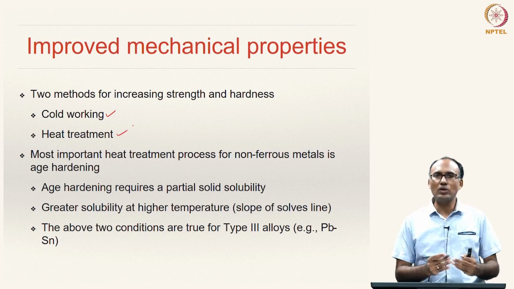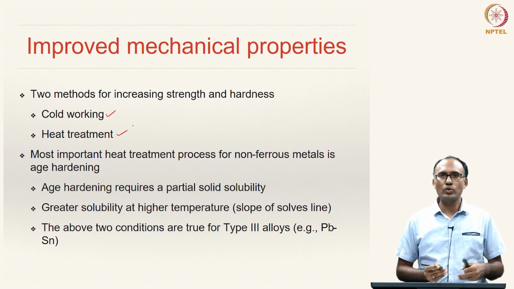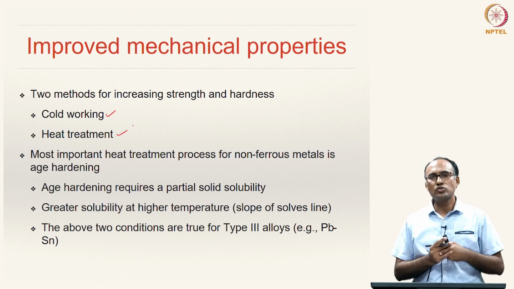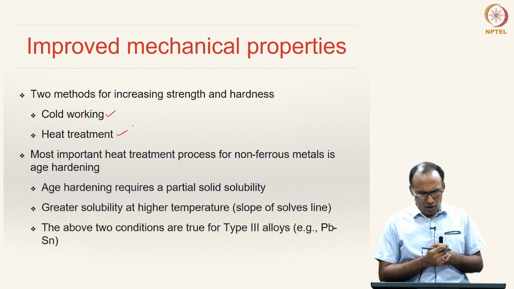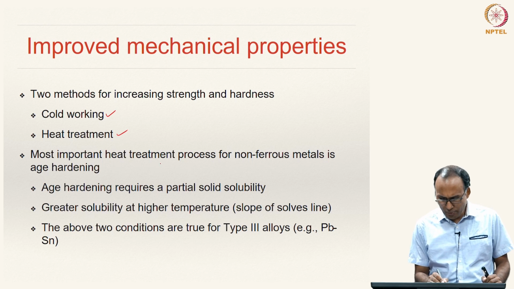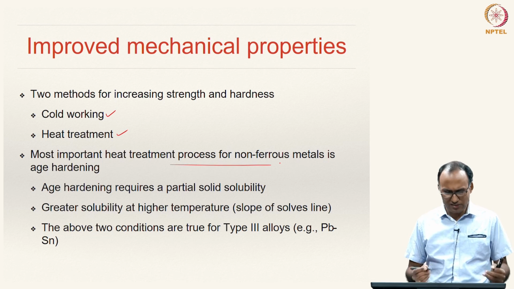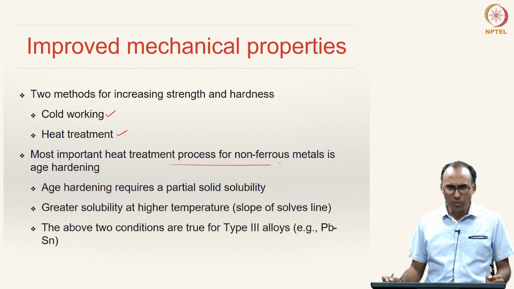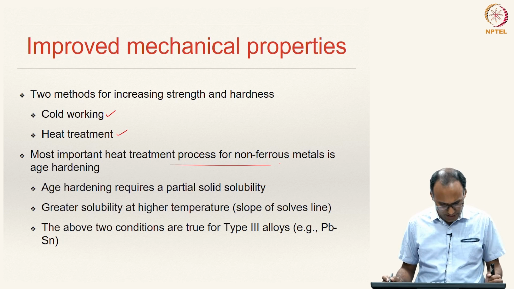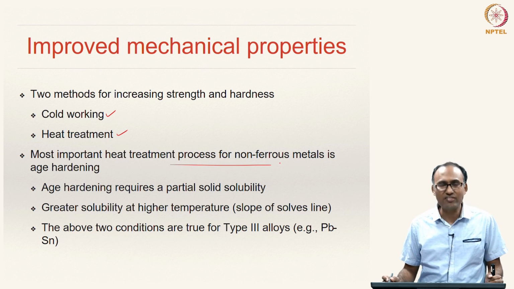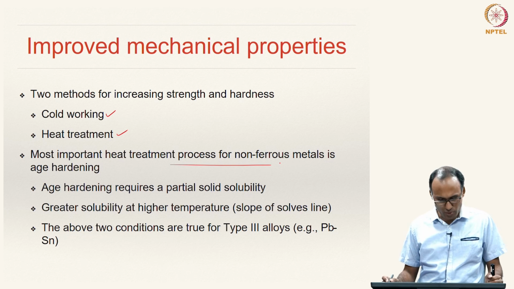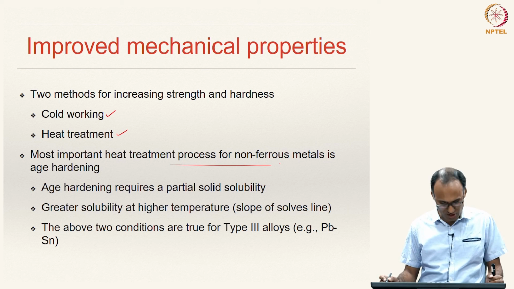Heat treatment is one of the most popular ways to enhance the mechanical properties after the solidification of a particular component of an alloy. And the most important heat treatment process for non-ferrous metals is age hardening, a special kind of heat treatment. The details about age hardening can be read from the textbook of Sidney H. Avner, or from Callister's textbook on material science and engineering.